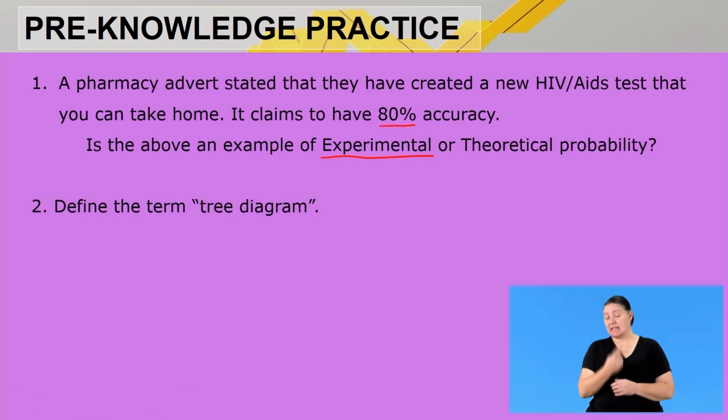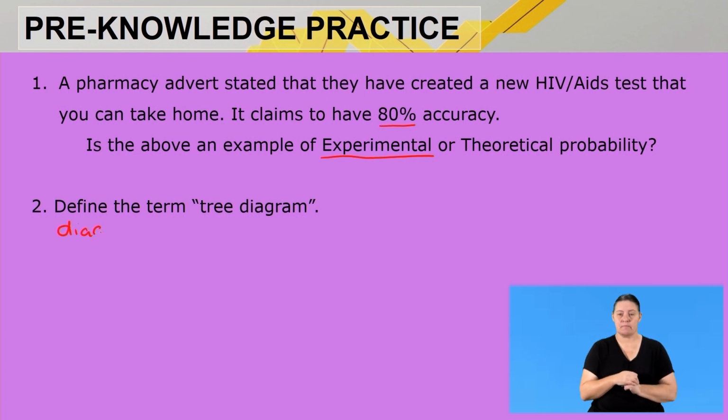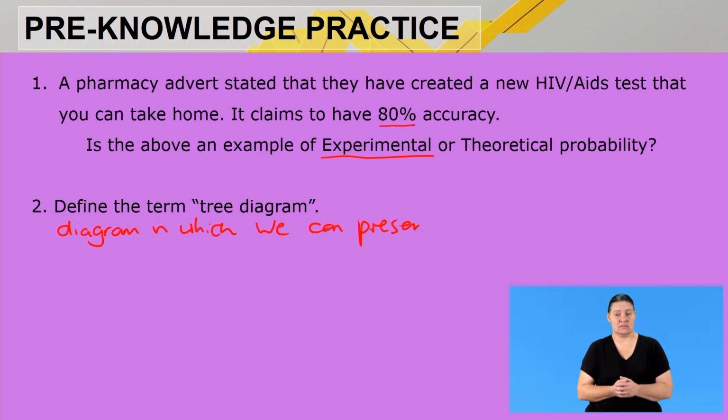Question number 2. It says here, define the term tree diagram. Okay, so a tree diagram is a diagram, a way of us being able to represent possible outcomes visually. Okay, so it's a diagram in which we can actually present outcomes visually.